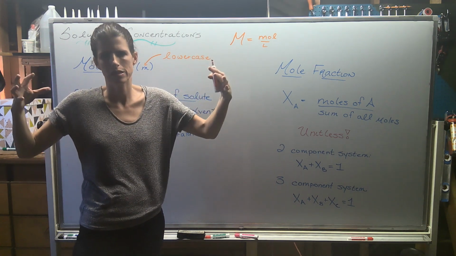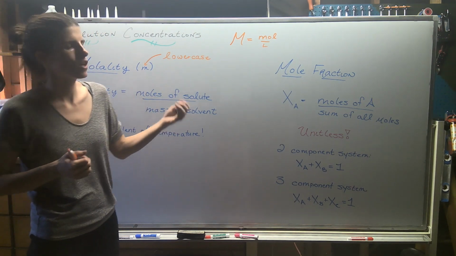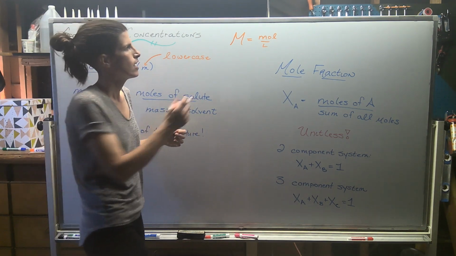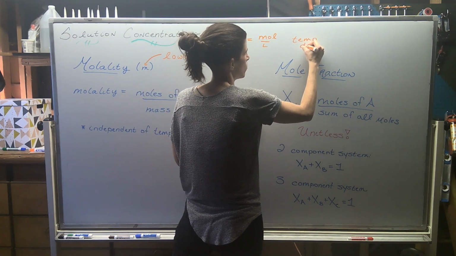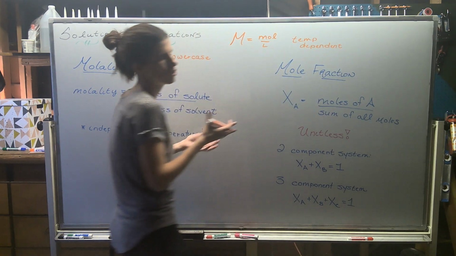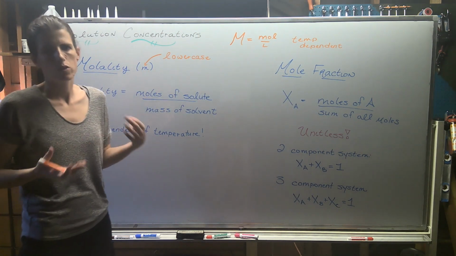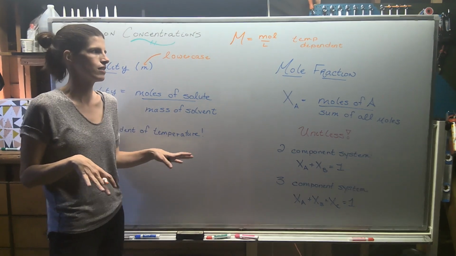The gas will start expanding. So density and molarity are temperature dependent. And so that's part of the problem with molarity. And we don't worry too much under normal conditions, right? Typically, we're at room temperature plus or minus a degree Celsius, so it's not going to affect anything too much.